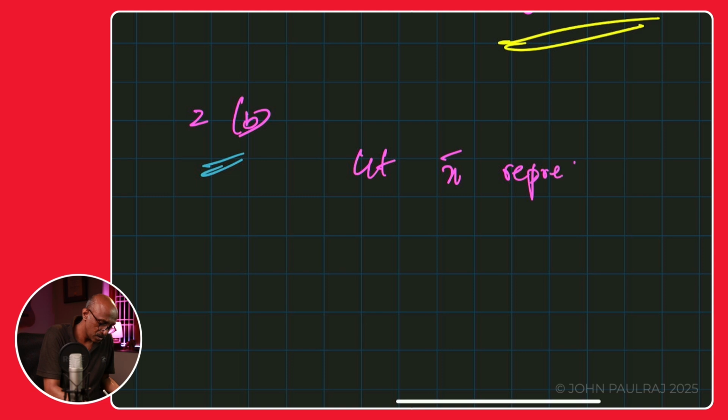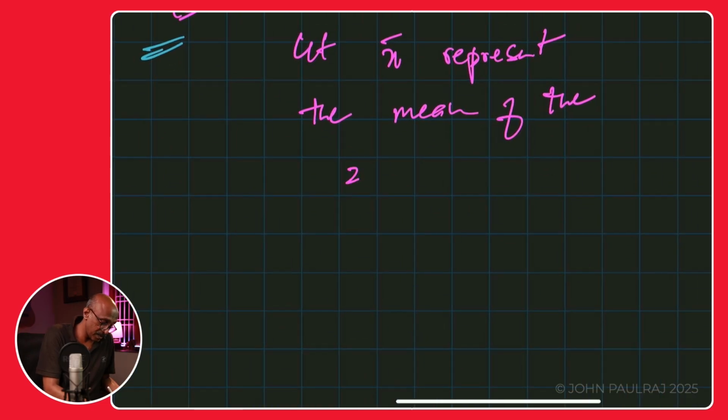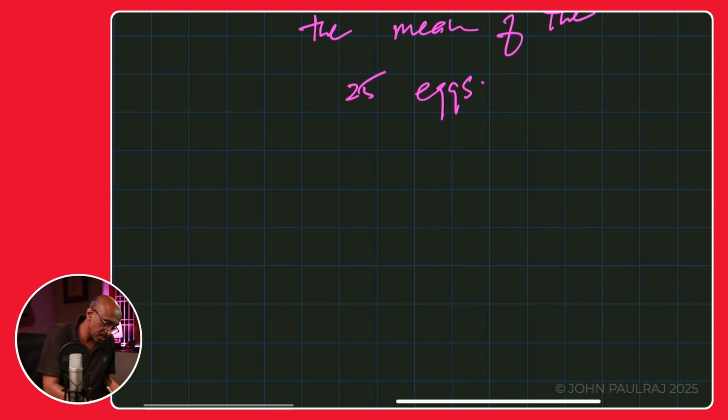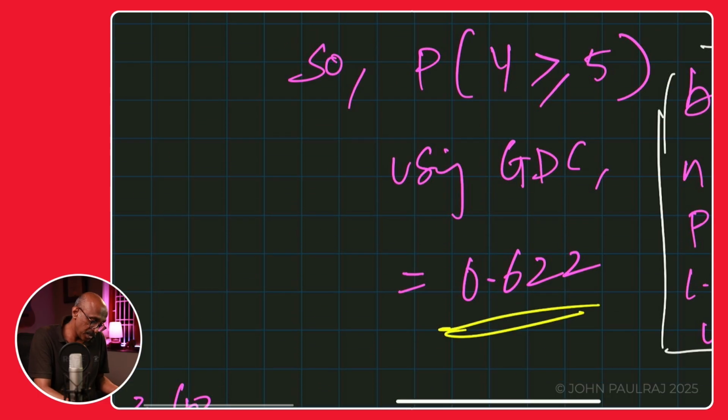represent the mean of the 25 eggs, and we are looking at a capital X bar, a random variable X bar, which is also going to be normally distributed, and the mean is going to be the same, 52.0, the same population mean.